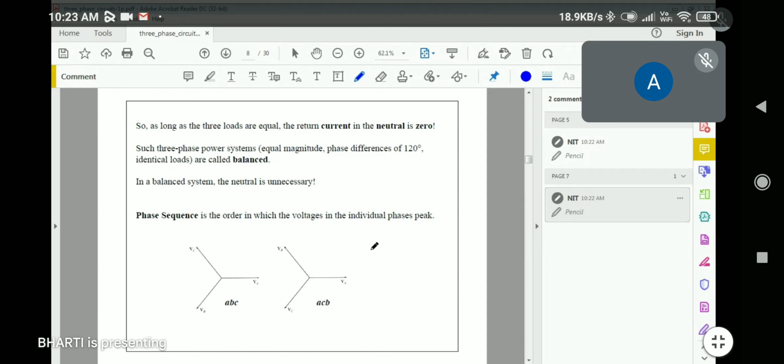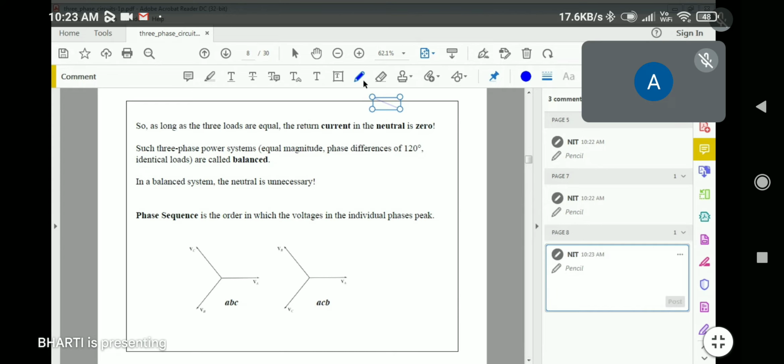I told you that there are three phases. That is clear to everybody. Is it clear that there are three phases? Yes, ma'am. I told you one phase, in a three-phase system there will be three phases.